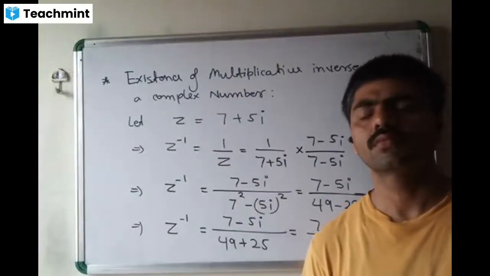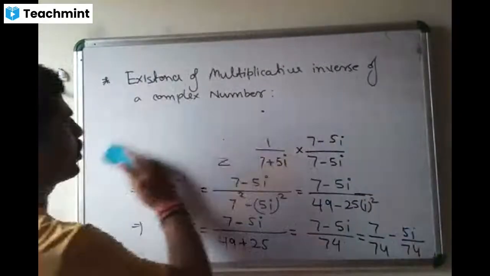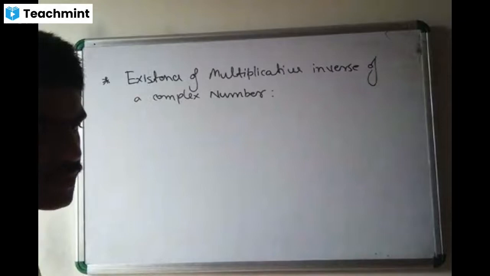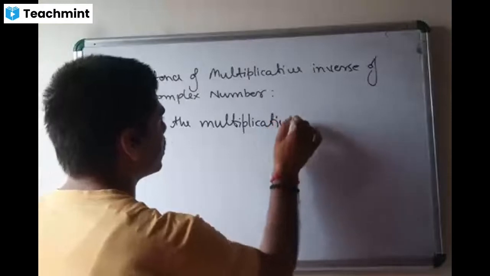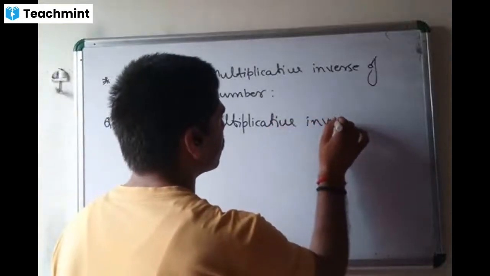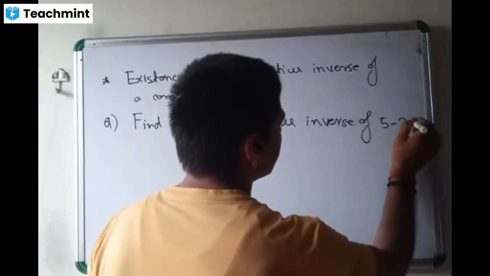Now see another example for this. The multiplicative inverse of 5 minus 3i.